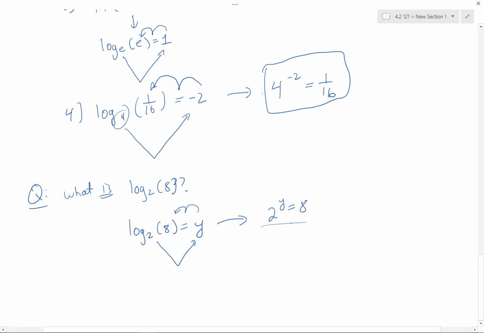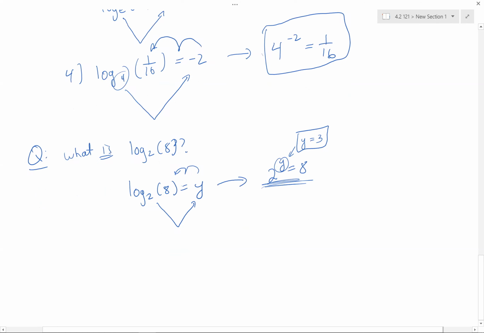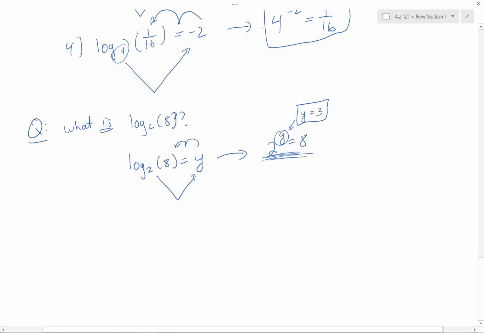In other words, what power do I raise 2 to that gives me 8? Right? We have to depend on our knowledge of exponential functions to answer this question. 2 to what power gives me 8? With a little bit of thought, you'll figure out that y should be 3. Right? 2 times 2 times 2, that gives you 8.